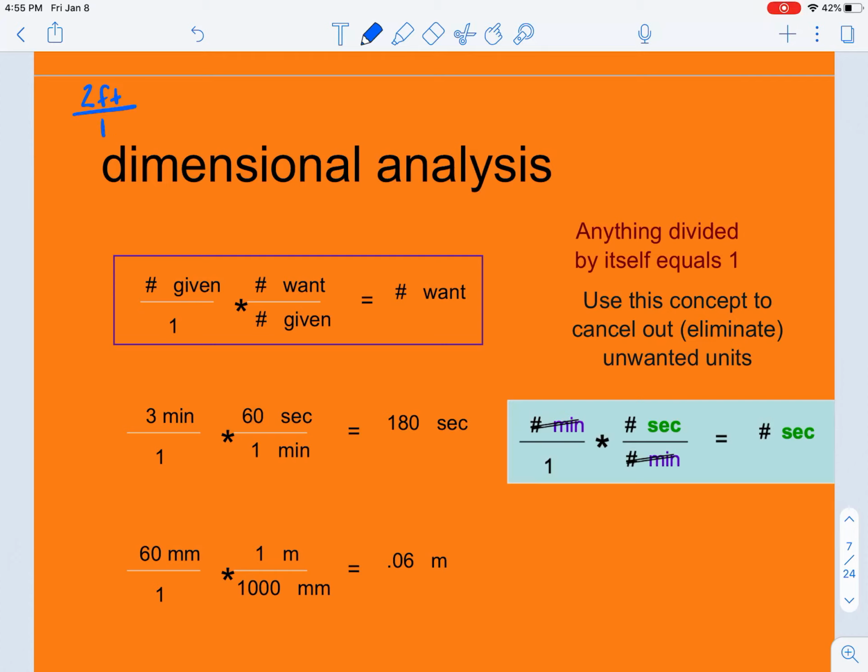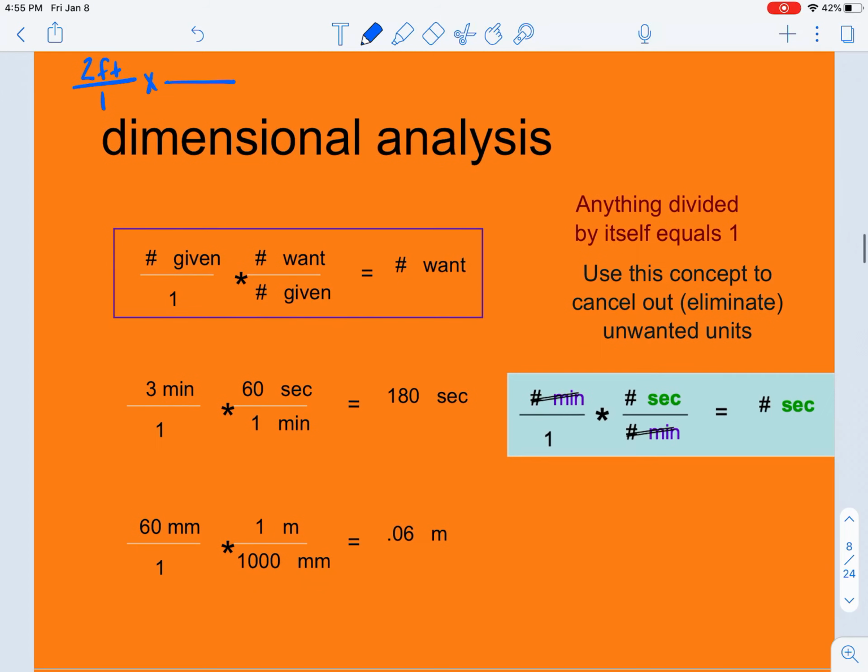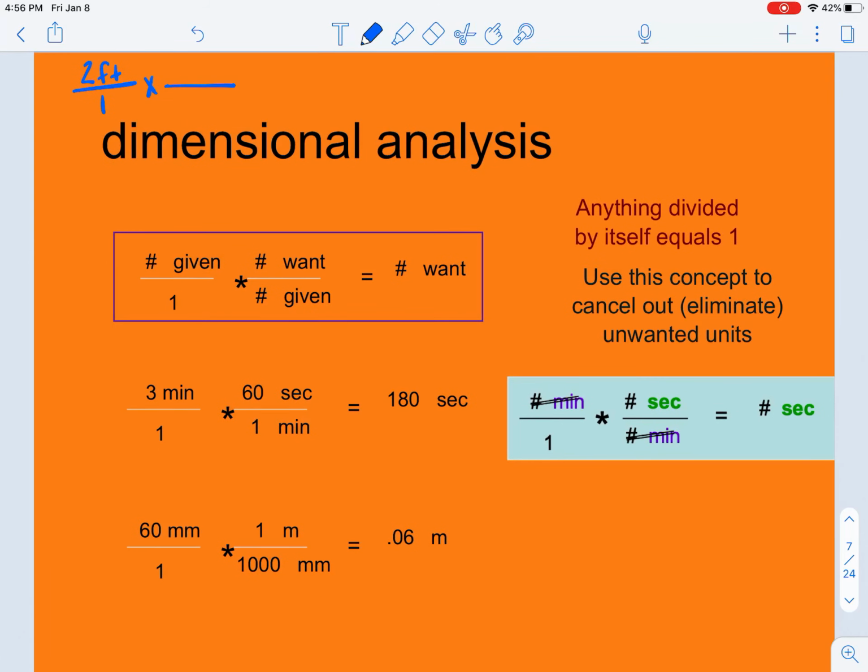I need you to understand that this is the same thing as 2 over 1. And remember, all whole numbers go in the numerator, so 2 over 1 is just taking that whole number and writing it as a fraction, but this is exactly the same value, all right? Now, I'm going to multiply that by a fraction.